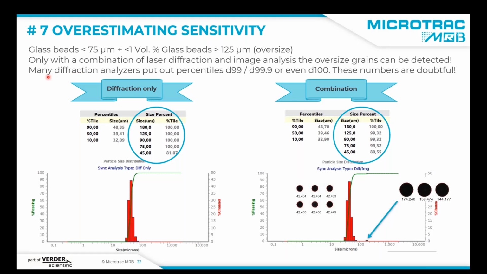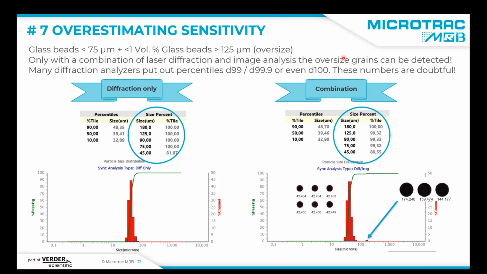Very often you will see measurement reports from pure laser diffraction analyzers that put out percentiles at 99%, D99 or D99.9, so the percentage at 99.9%, or even D100 values. As you see here, these numbers are a little bit doubtful because the sensitivity of the method might not be there.